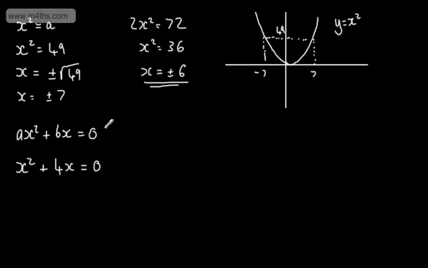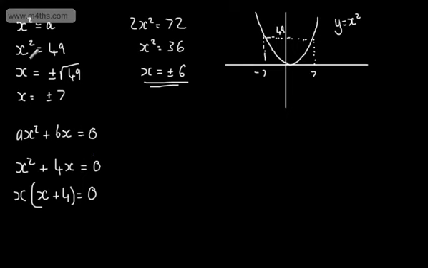I can't just square root both sides, so what I'm going to do is factor this. I can see I've got a common factor of x in both of these terms. So if I factor that, I'm going to have x times x plus 4 is equal to 0. When solving quadratics of this type, we want the right-hand side to be equal to 0.